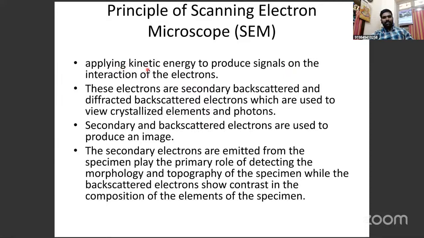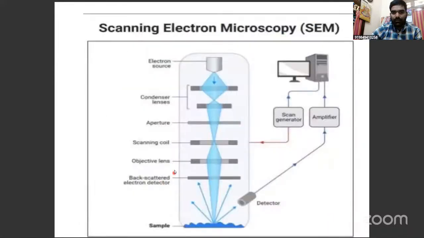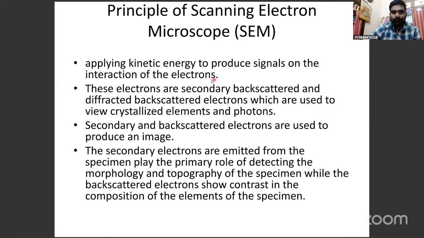So we apply the kinetic energy, which produces signals where there is interaction of these electrons with the specimen.